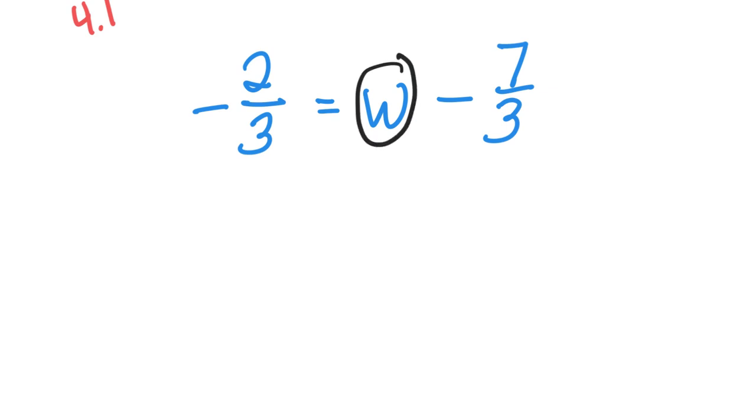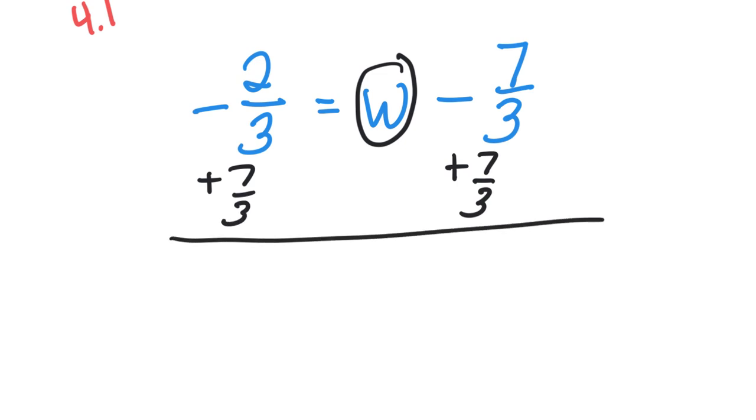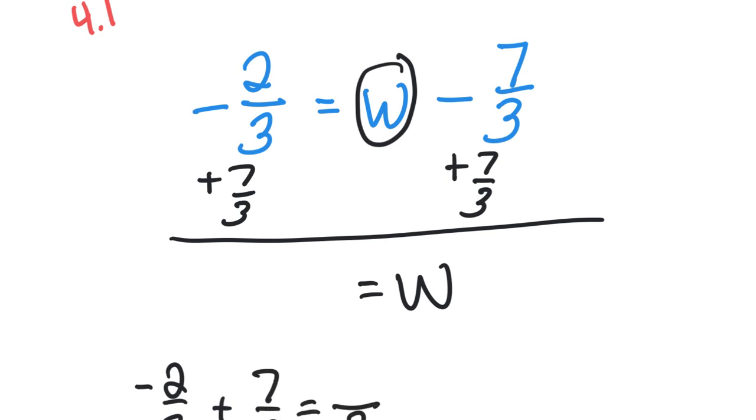It's being subtracted by 7/3. So I'm going to add 7/3 on that side, and I'm going to add 7/3 on that side. And when I do that, the W comes down, and then I have a negative 2/3 plus 7/3. The denominator is already the same, so that's that. Negative 2 plus 7 is 5.